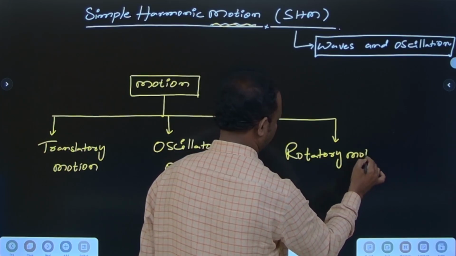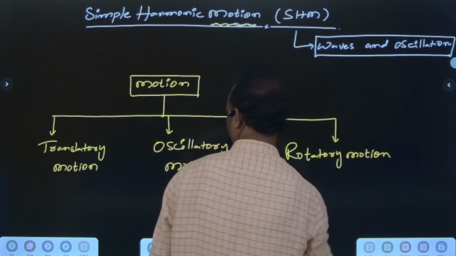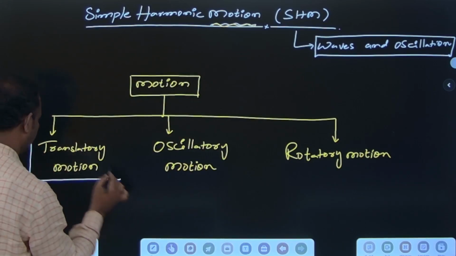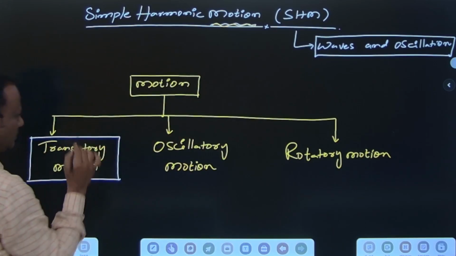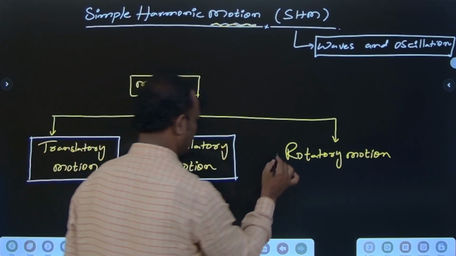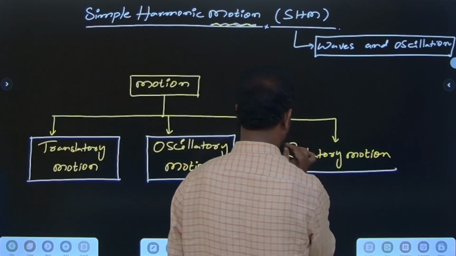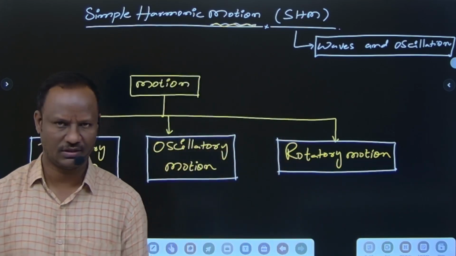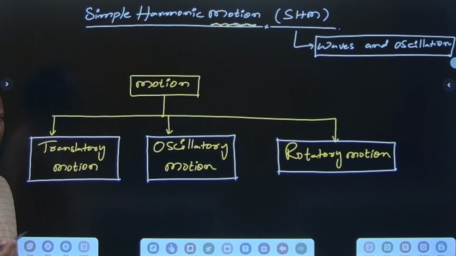So if you see translatory motion, oscillatory, next one rotatory motion. Now first, translatory motion is transfer of force from one body to another body.